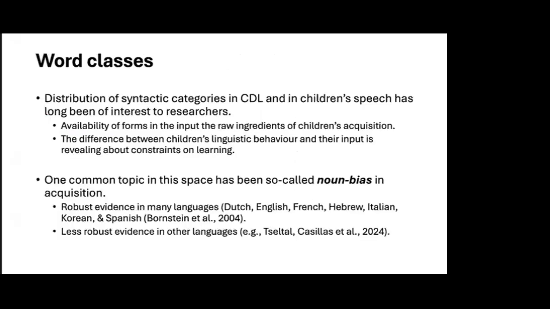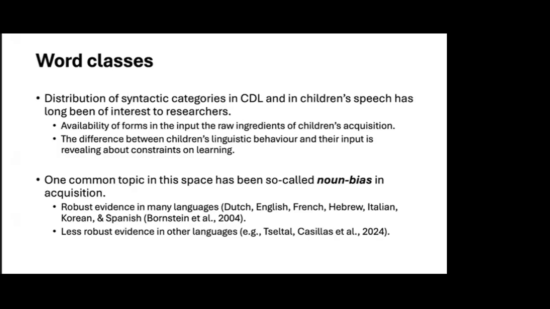So moving on finally to word classes. The distribution of syntactic categories in child-directed language and in children's speech has long been of interest to researchers. This is largely because the distribution of syntactic categories, or the availability of these forms in input, is the raw ingredients for children's acquisition.